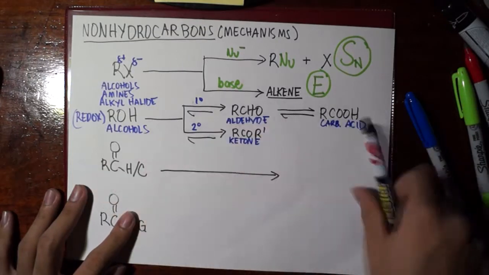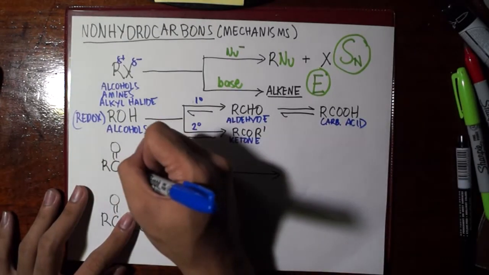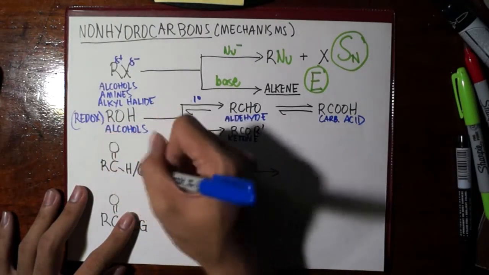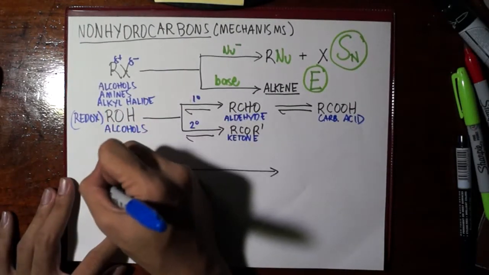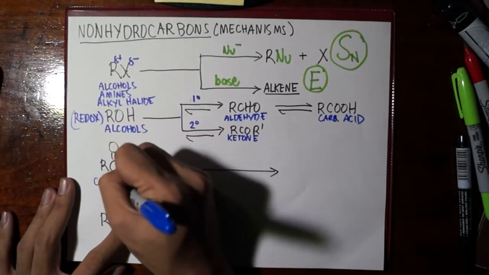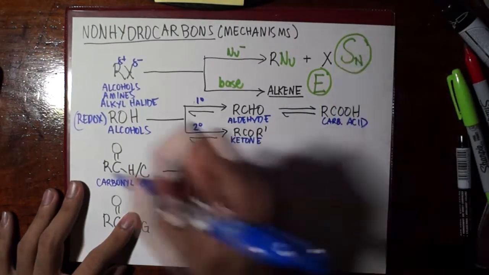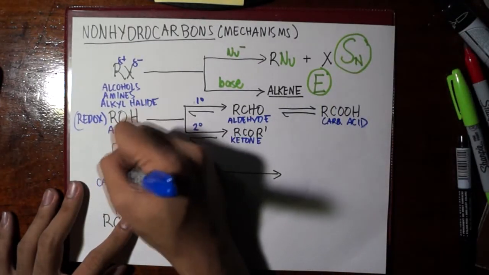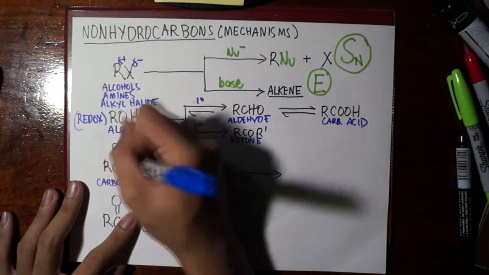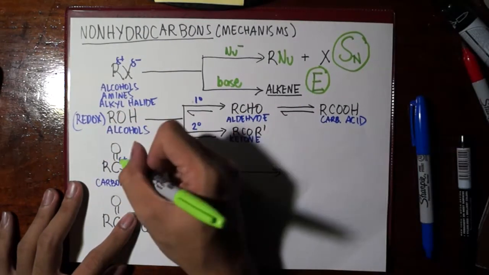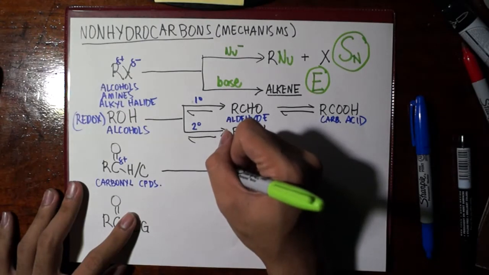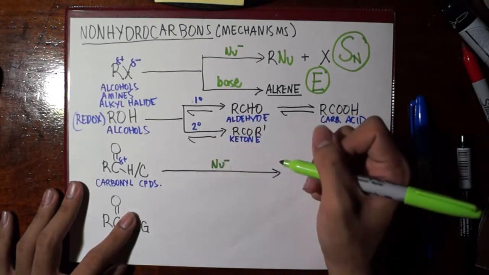Now here we have the carbonyl compounds. If this one is H, we have an aldehyde. If this one is C, we have a ketone. The target site here is this partially positive carbon, and it would be attacked by something either neutral or negative, a nucleophile again.